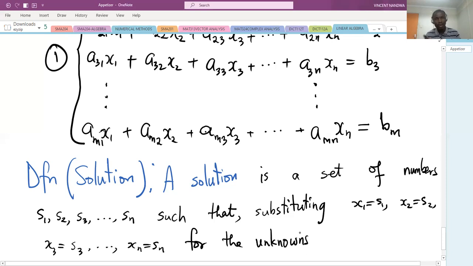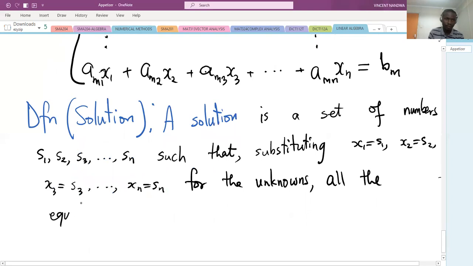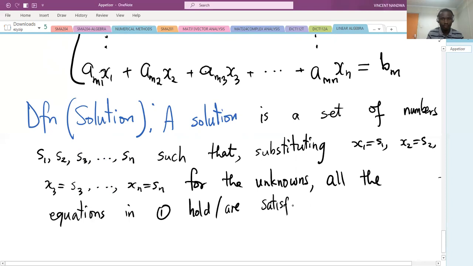So remember, unknowns are x1, x2 up to xn. All the equations in one hold or are satisfied. The key term here is all. So you put those numbers s1 for x1, s2 for x2, s3 for x3, up to sn for xn.